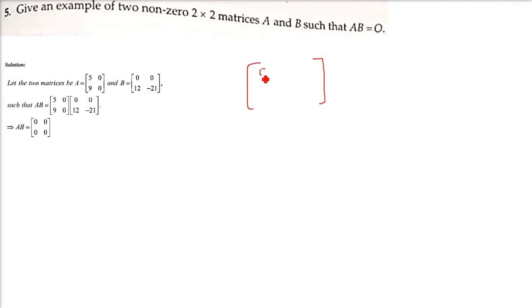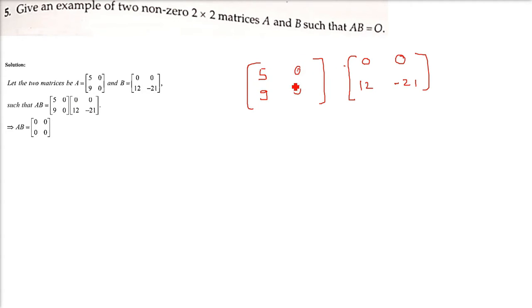So the multiplication of each element of the row with the column one by one should be 0. That is, I take one column with values and another column as 0, and in the second one take the first row as 0 and the second row with any number.